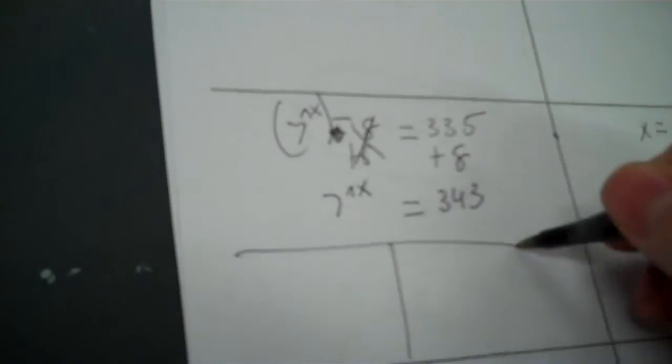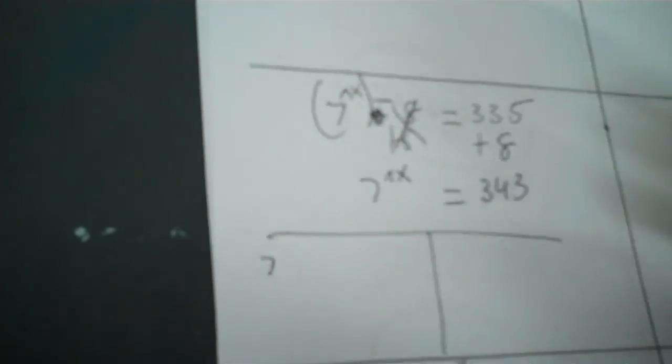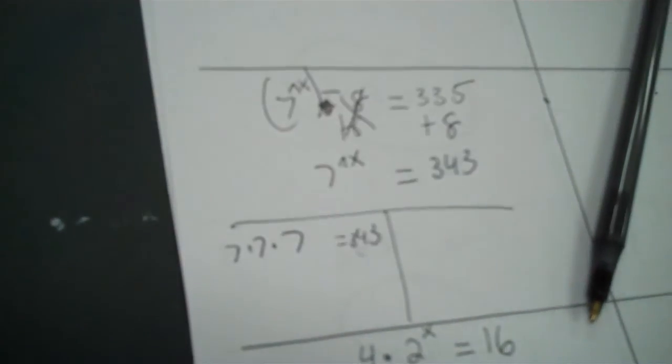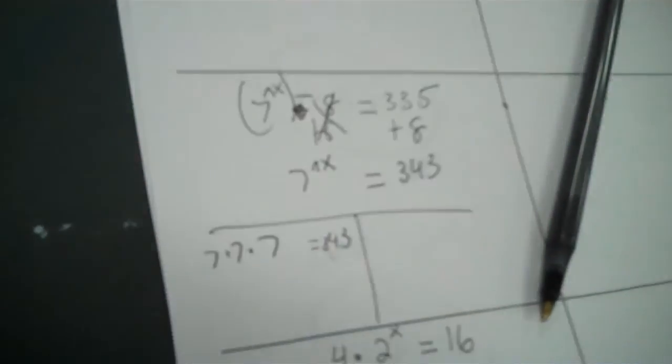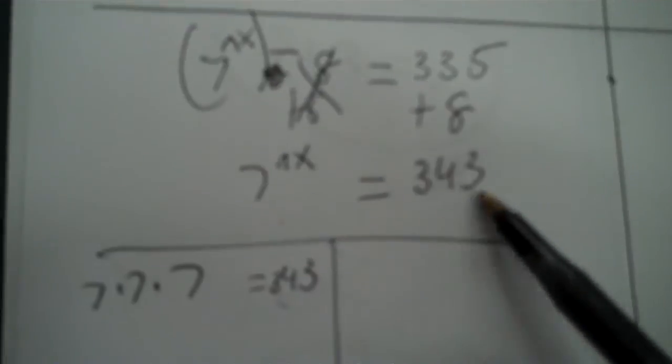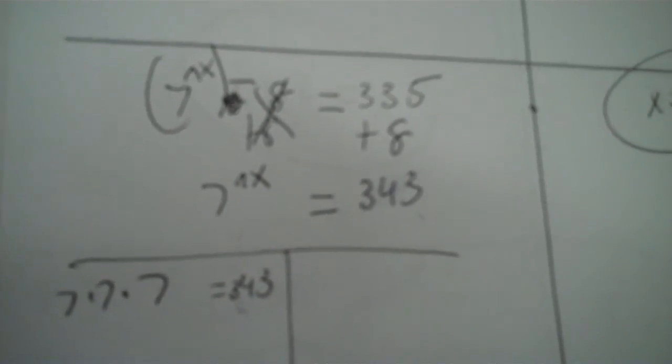And now I know exactly the base I'm trying to multiply, and then the product I'm trying to get. So 7 times 7 is 49, so it's not there yet. Okay, 343, so that's 3. 7 to the power of 3 is 343.